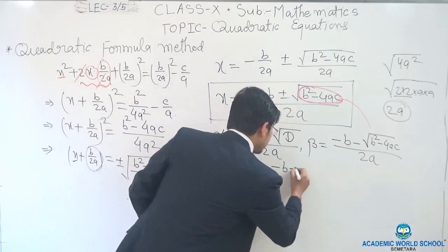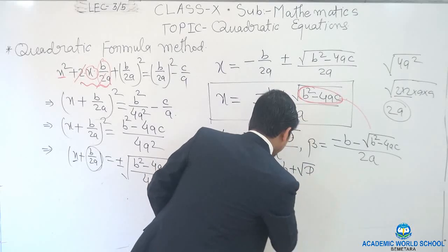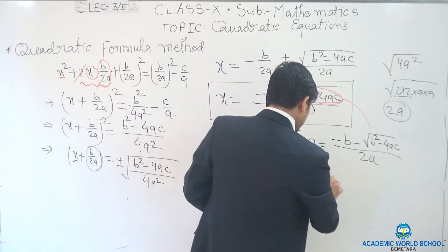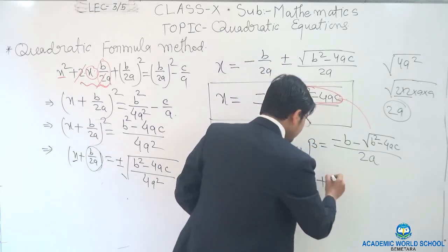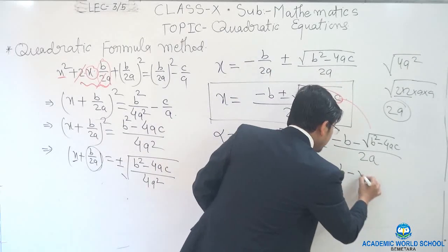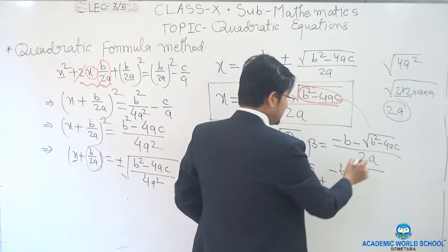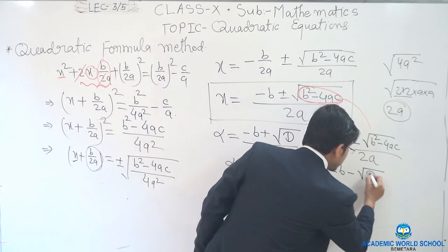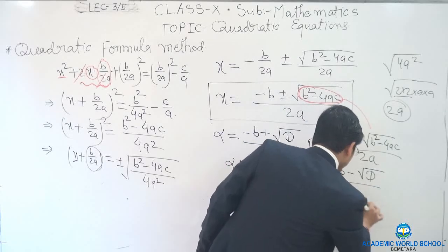Minus b plus root over D upon 2a, then we have to add, so plus minus b minus root over D only. For convenience I am writing this as D, okay, upon 2a.